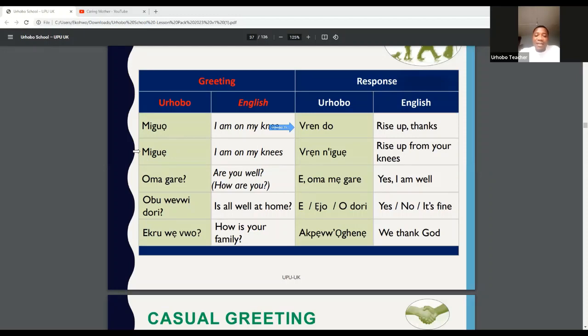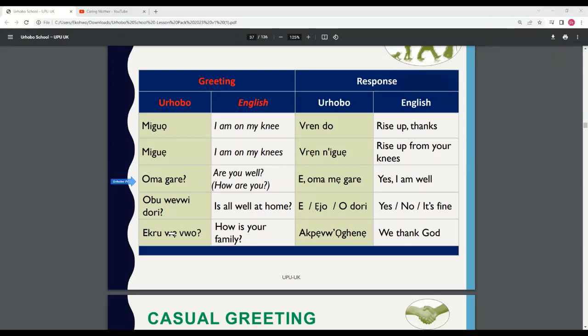And then the next thing, when somebody tells you Mingwo, you probably ask, how are you? Are you fine? Are you well? The word is Omagari. It means how are you? But there's a literal meaning to it.